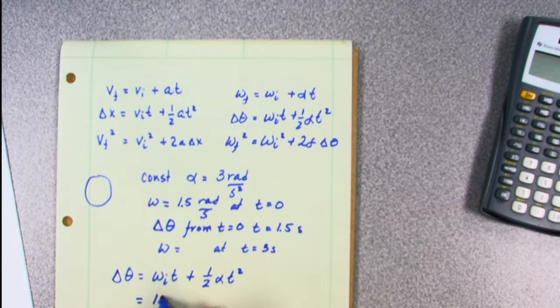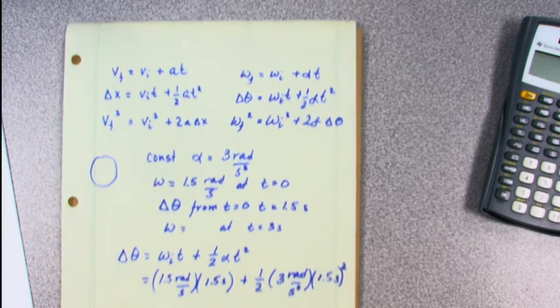This was 1.5 radians per second times 1.5 seconds, plus 1/2 times 3 radians per second squared times my time, 1.5 seconds, squared.